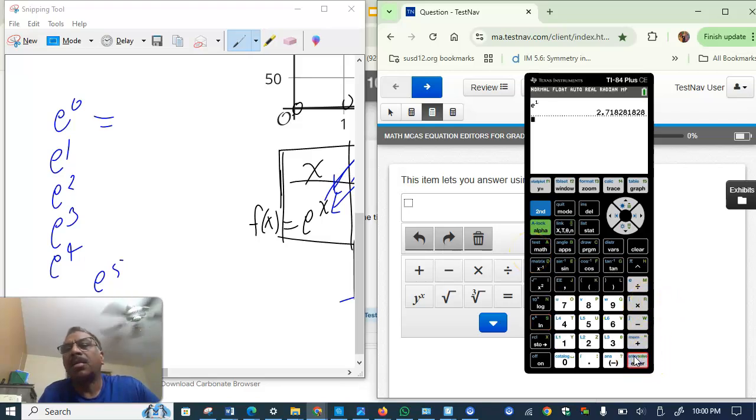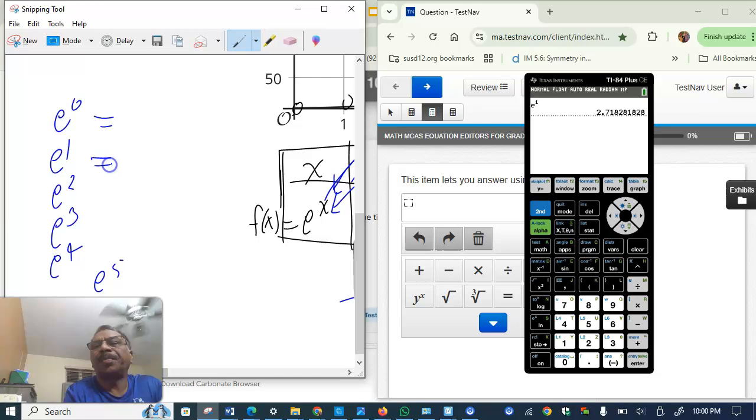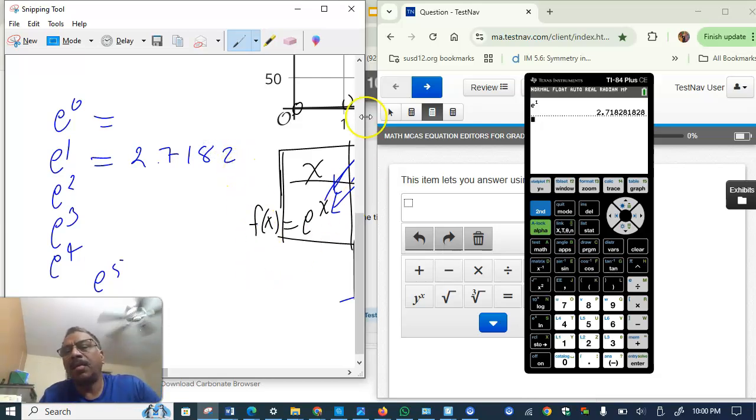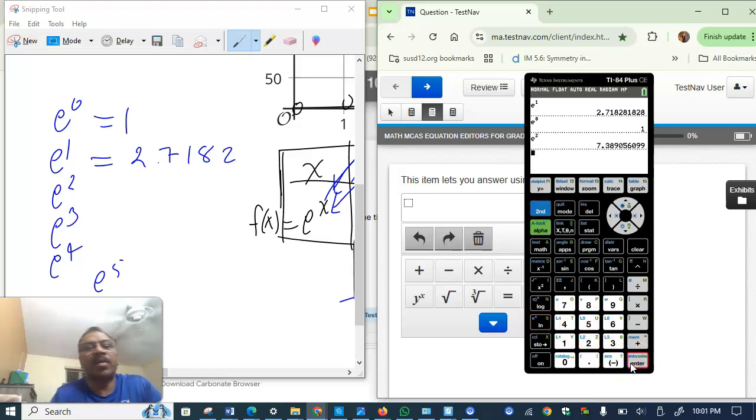The first one I should be putting is e raised to 1, and that is 2.718. Then e raised to 0 again: second e, put a 0 and enter, you get 1.